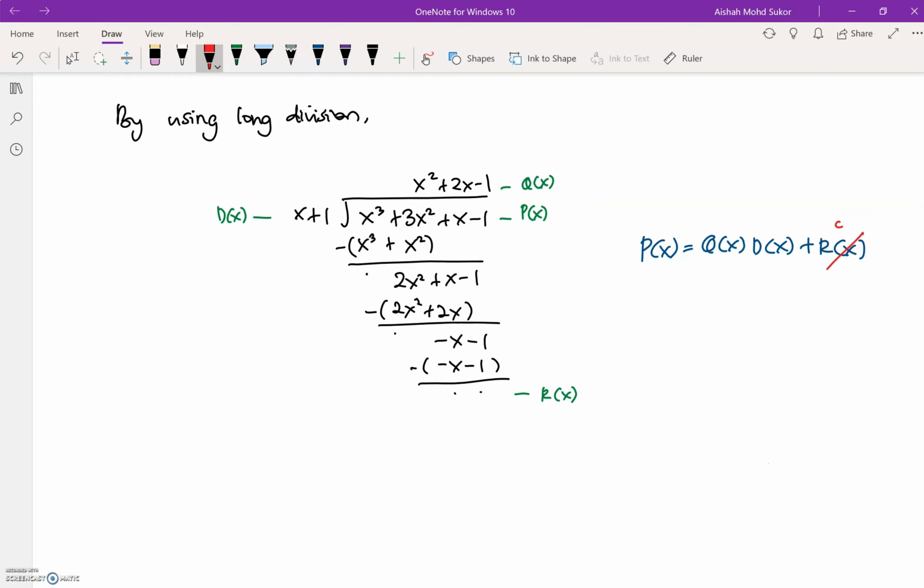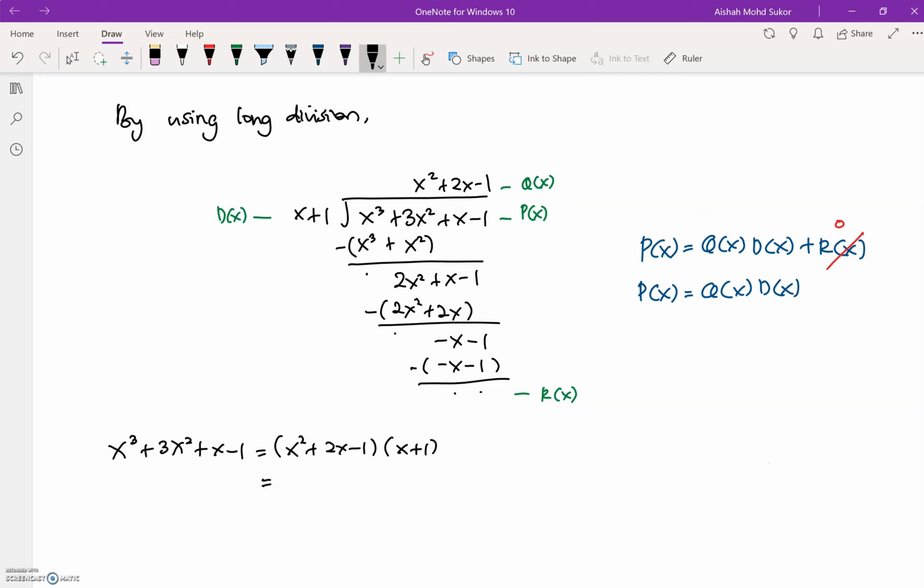So when your remainder is 0, you have p(x) is equal to q(x) d(x). So you have x cubed plus 3x squared plus x minus 1 is equal to q(x) d(x): x squared plus 2x minus 1 times x plus 1.